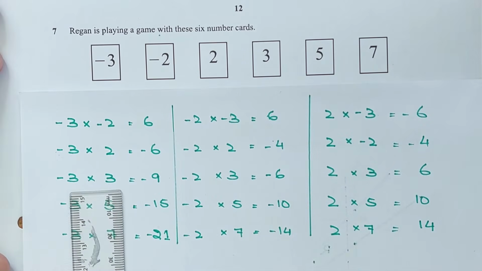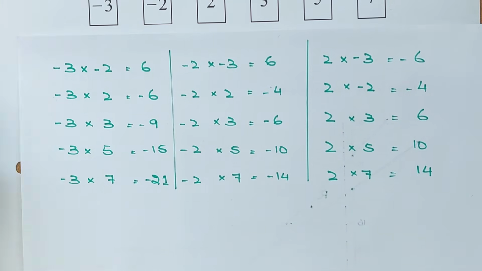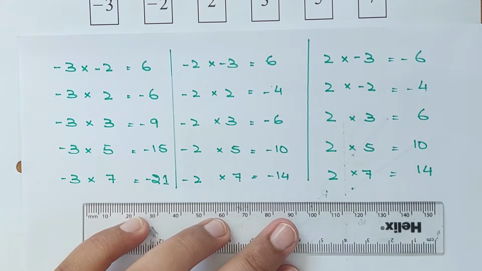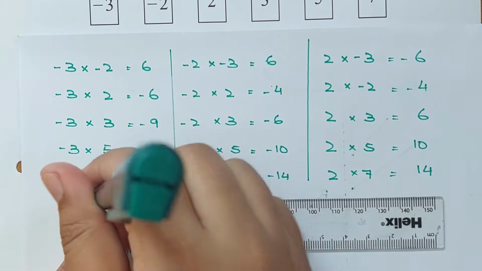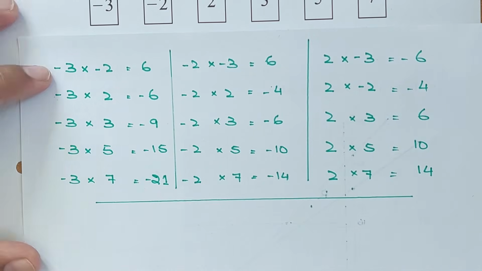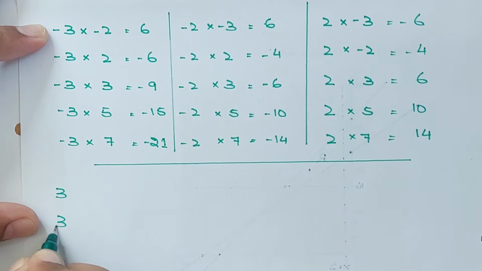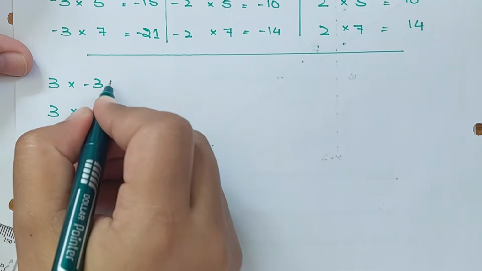Okay, now let's take 3. Let me take number 3 again 5 times. 3 with minus 3, minus 2, 2, 5, and 7. All right.